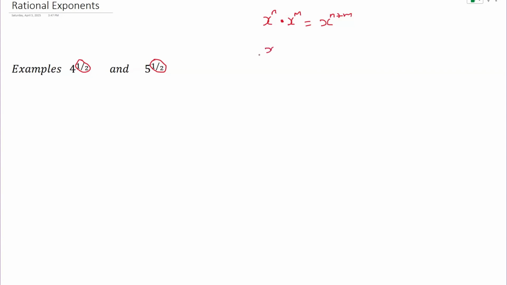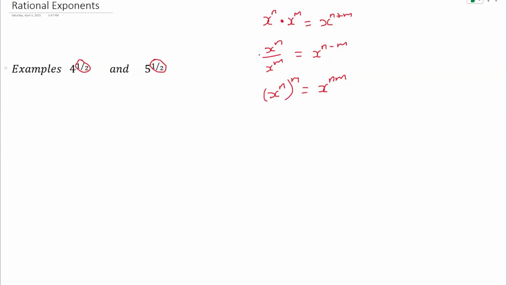And when you're dividing, if they have the same base, the base is the x, you subtract the exponents. And if you have one power raised to another power, in this case, you will do what? You will multiply the exponents, right? And so there are more, there's like 7 of them, but these are the 3 main ones that you have to memorize.